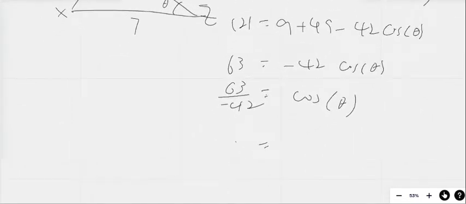So now we do the same thing. Theta is equal to cosine inverse of 63 over negative 42. You're supposed to get math error or null.